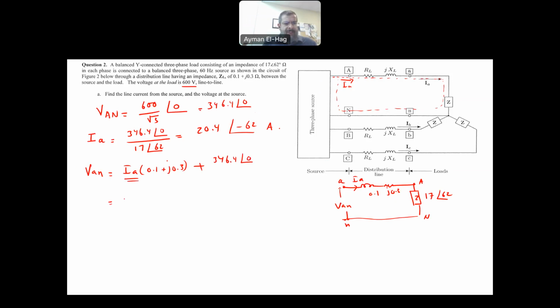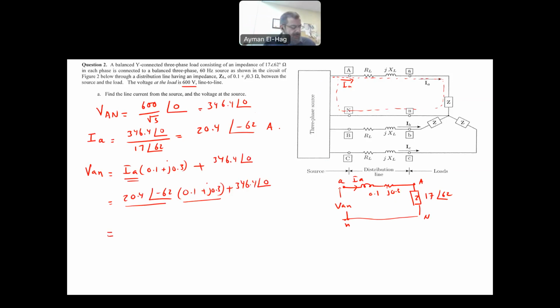Substitute IA with its value: 20.4 angle of minus 62 times 0.1 plus j0.3, plus 346.4 angle of 0. Now I am multiplying a polar with a rectangular. If your calculator cannot do that, then you have to convert this into polar, multiply, convert them to rectangular, add with the voltage, and go back to polar.